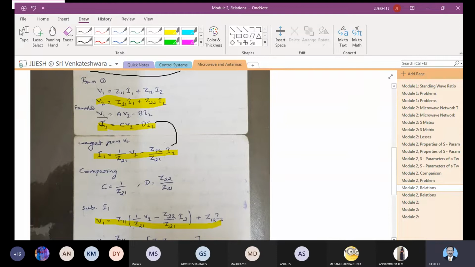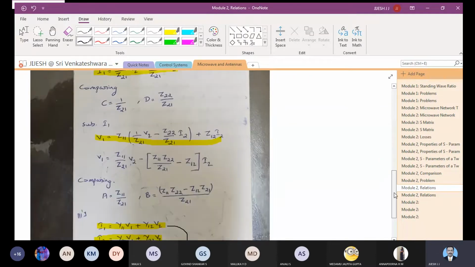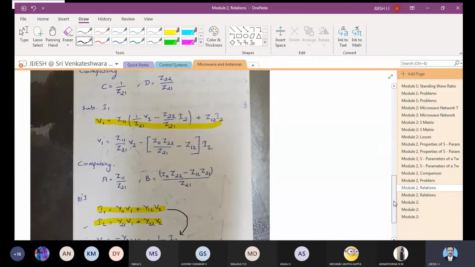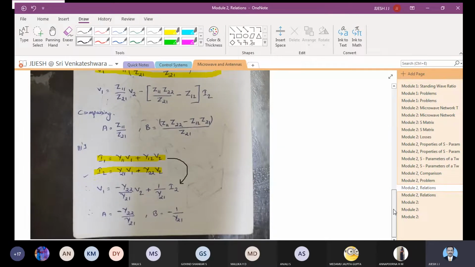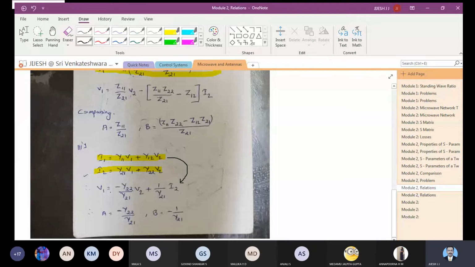So I am modifying that equation so that I can compare and get the values for A and B as well as C and D. When I did that, I got V1 equal to minus Y22 divided by Y21 times V2 plus 1 by Y21 times I2. So we can compare it with the ABCD parameters.